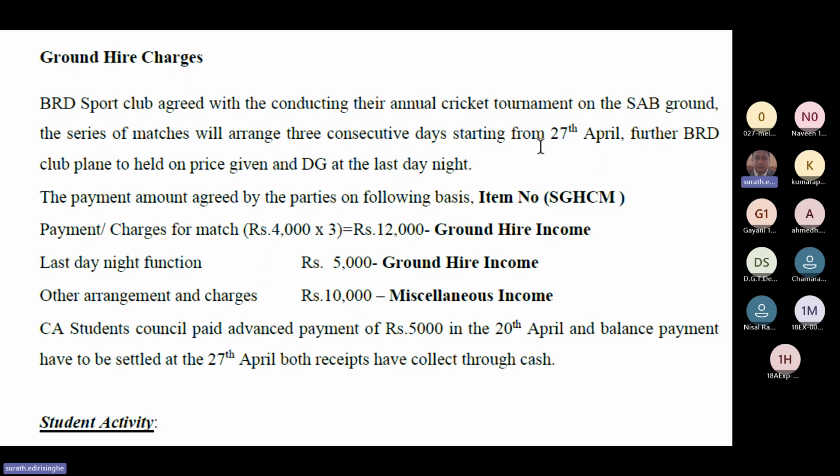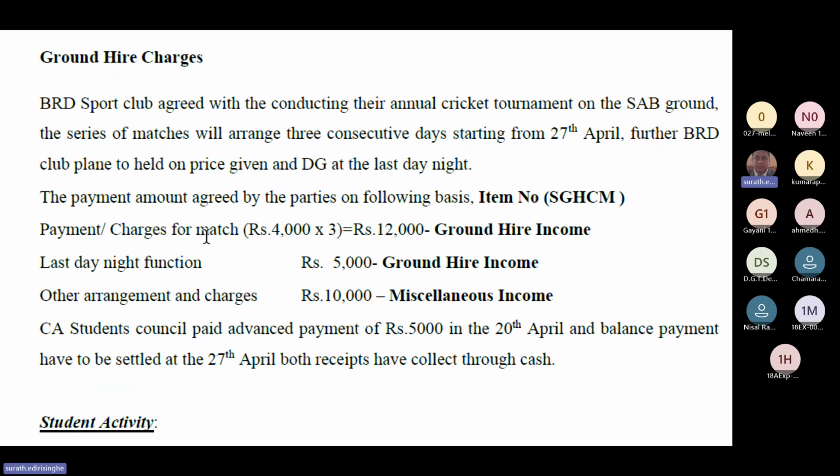Further, BRD Club plans to hold a prize giving and a DJ on the last night. Look at the activity. This is a series of activity. Multiple income. The payment amount agreed by the parties is on the following basis: item number and amount.